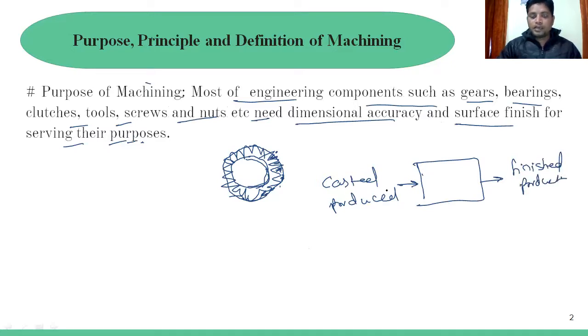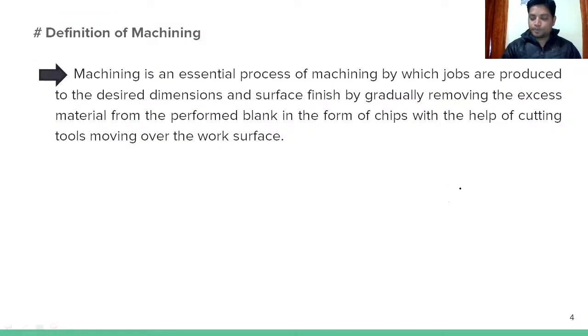So we can say that whatever the casted product that we have of random shape and size, we are converting into the finished product by using the machining processes. Now there are different types of machining processes available, means different types of machines are available. So whichever is convenient, we use accordingly. Okay, so let's move to the definition.